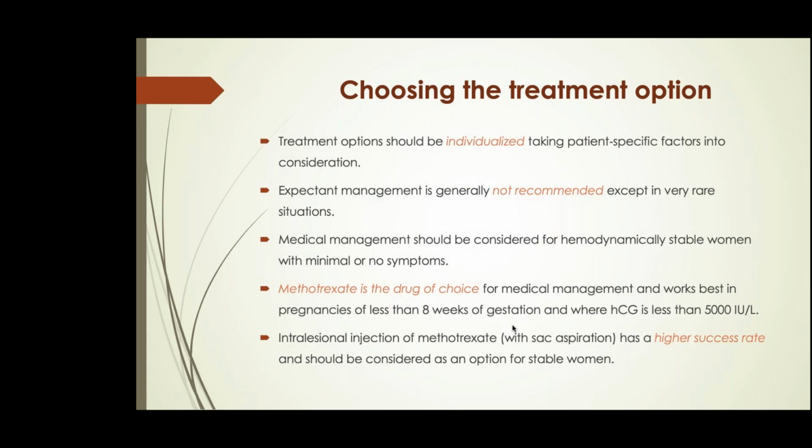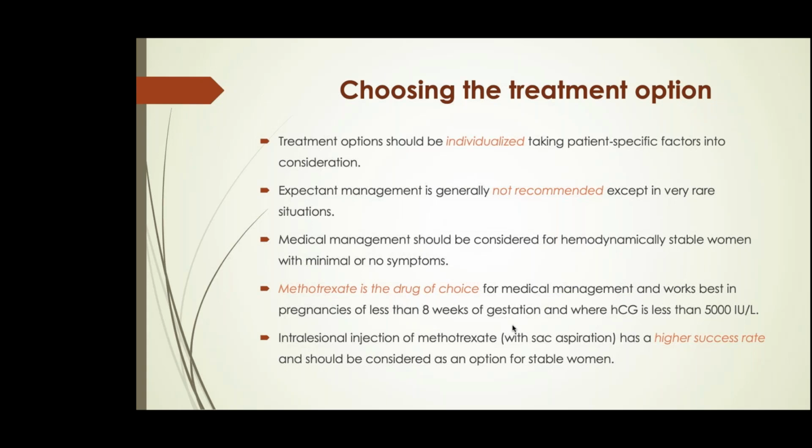Not only patient-specific factors, you can take the scar pregnancy factors itself into consideration. You can also consider the facilities at your hospital, whether you do interventional radiology or not, whether you have the surgical experience or not. But in general, the treatment option should be individualized.